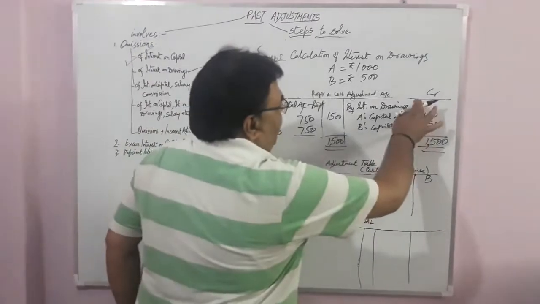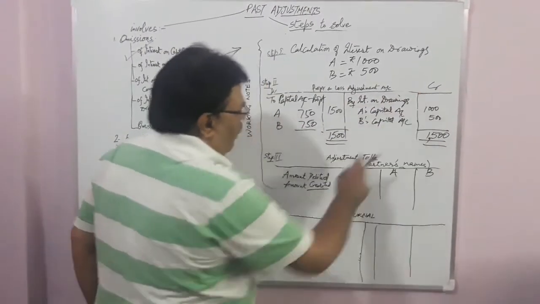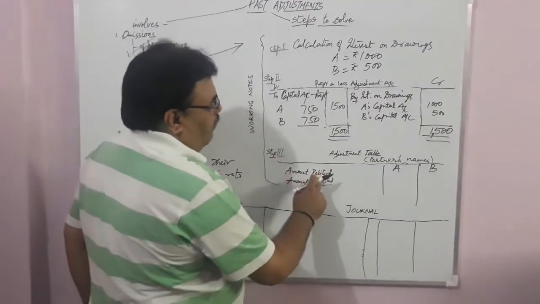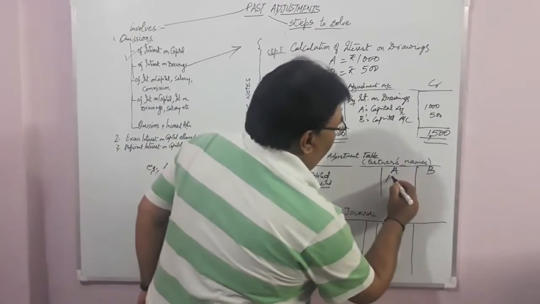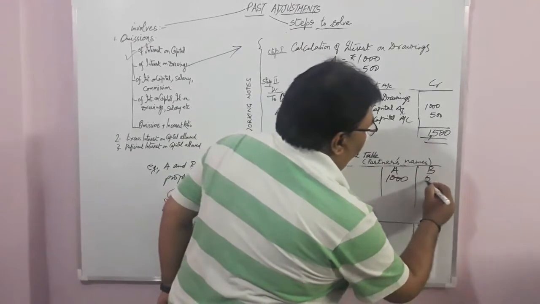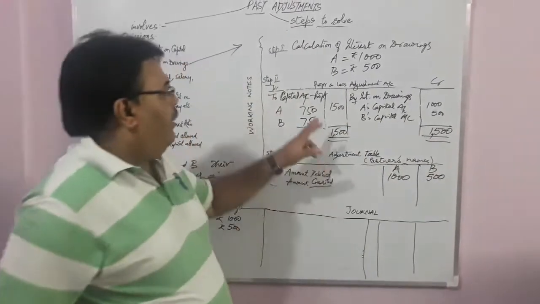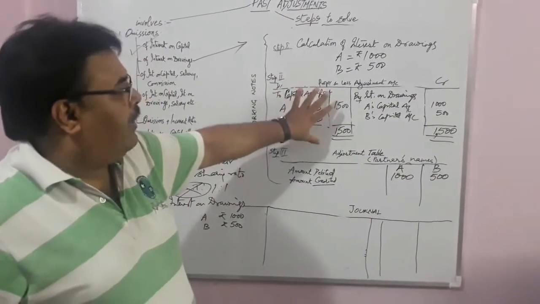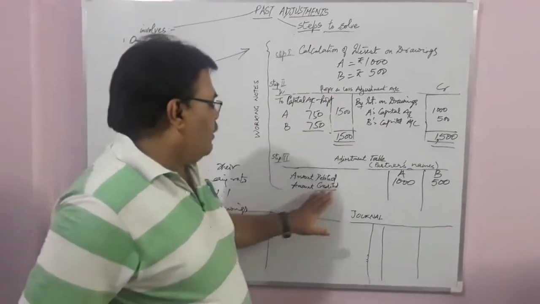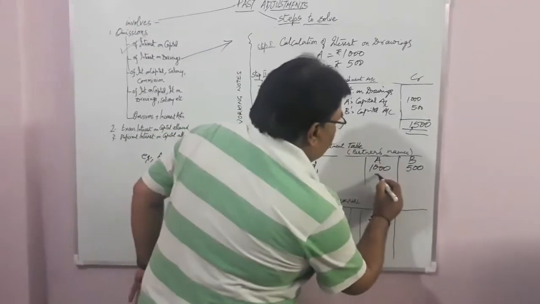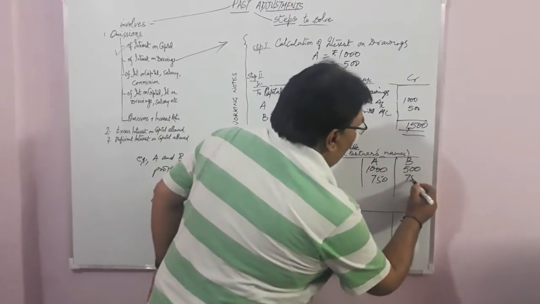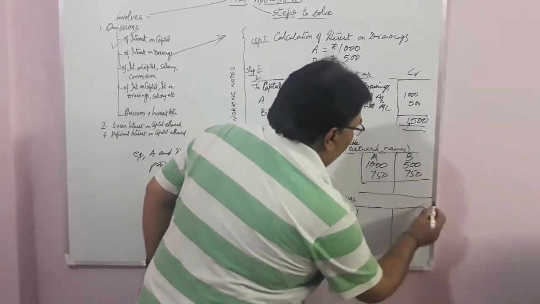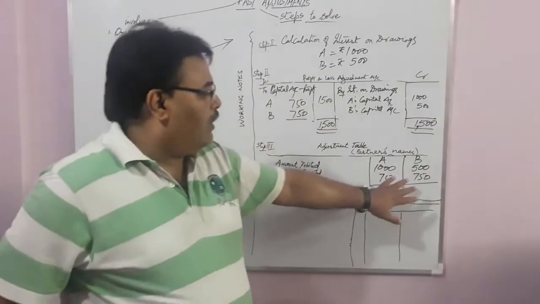So credit items in P&L adjustment account will be posted against amount debited. That will be 1000 for A, 500 for B, and debit items in P&L adjustment account will be posted against amount credited, 750 each. Now I am going to close it and find out the difference.